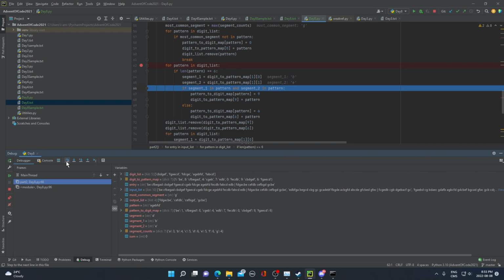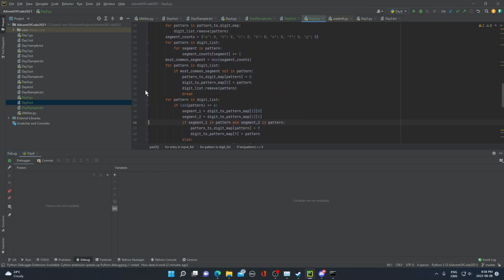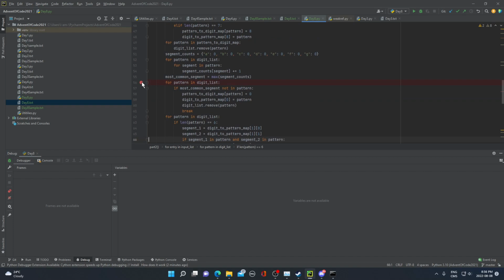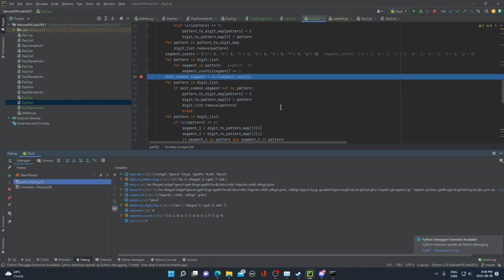Why are there 3 length 6s? The 0 is not correct. Really?